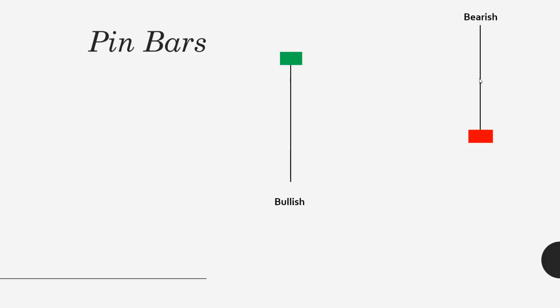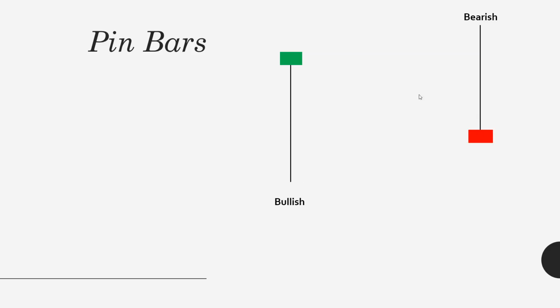Now these are also called pin bars. In a bullish pin bar, you see it has a long wick and the body of the candlestick is up at the top. On a bearish pin bar, you can see that the wick is on the top and the body is at the very bottom of the candlestick.